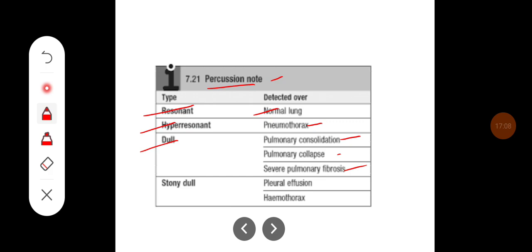Whereas stony dullness is heard during pleural effusion and hemothorax. You can hear the woody dullness in case of pulmonary consolidation, where there is a consolidation of the lobe which occurs because of pneumonia.